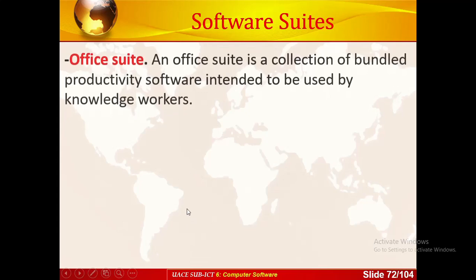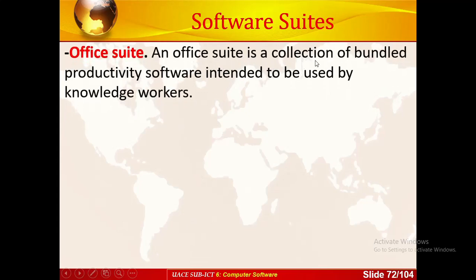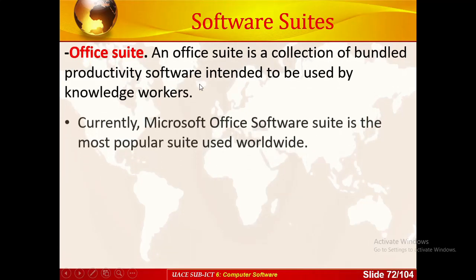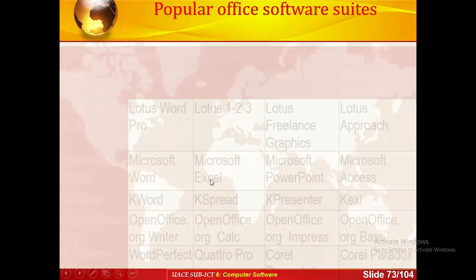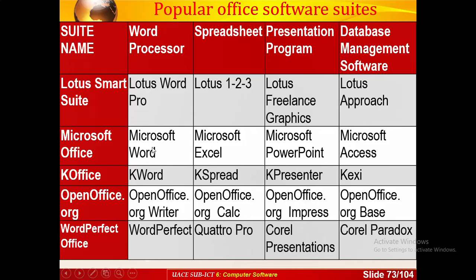We can also talk of the office suite, a collection of products for knowledge workers, where we have Microsoft Office: Word, Excel, PowerPoint, database, and many others. These are the popular office software suites. Lotus SmartSuite was also there a long time ago.